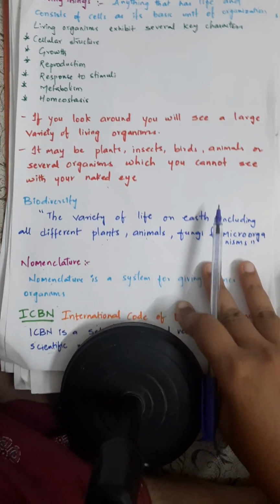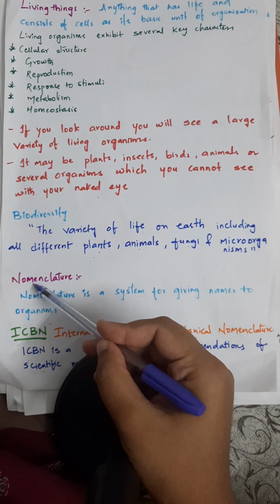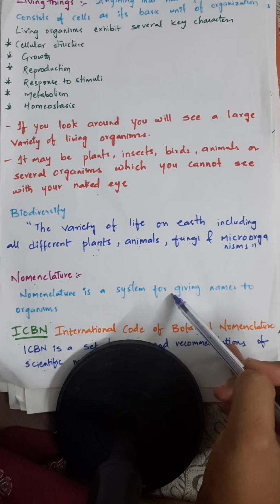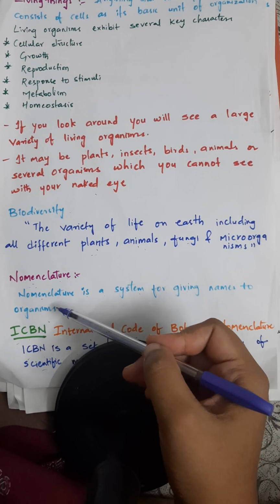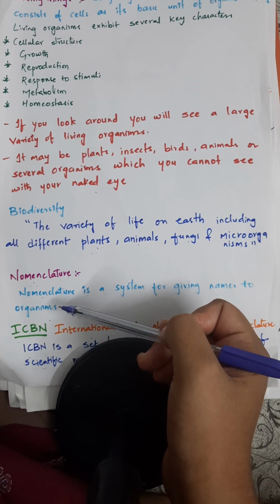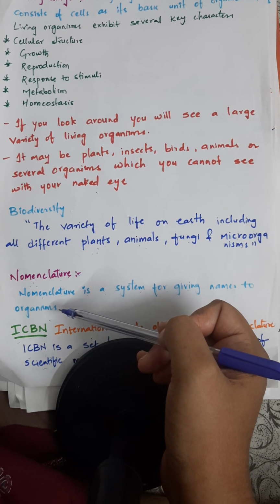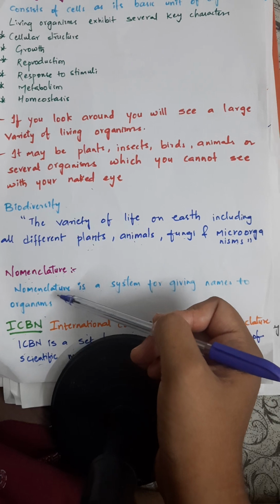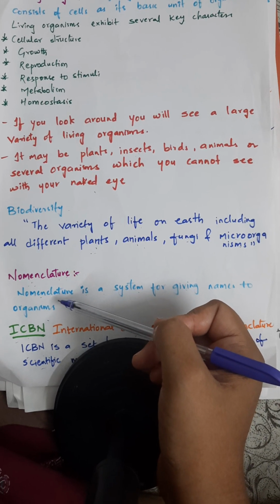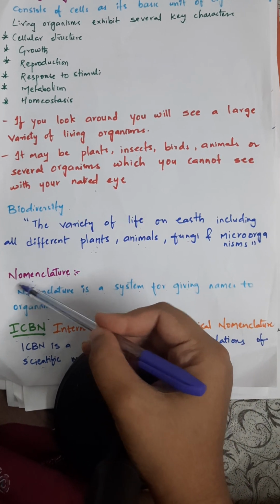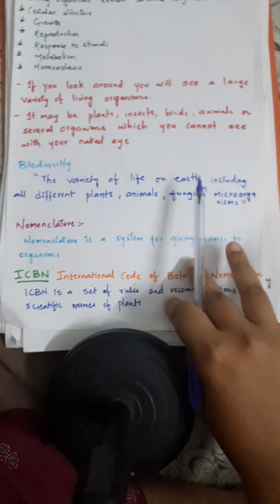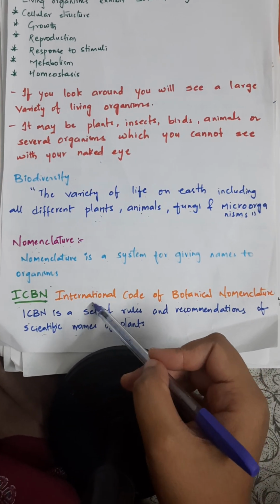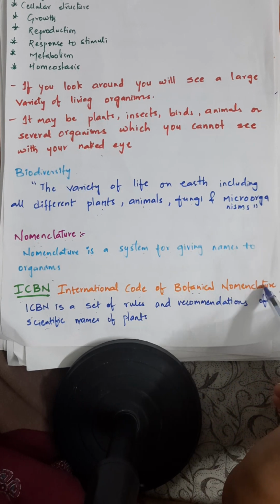Okay, so here we have one more term, the nomenclature. What is nomenclature? It is a system for giving names to the organisms. There are different types of organisms, a large number of organisms, so there should be a proper naming system for organisms. That system we call the nomenclature. Then one more term is the ICBN. What does it stand for? International Code of Botanical Nomenclature.